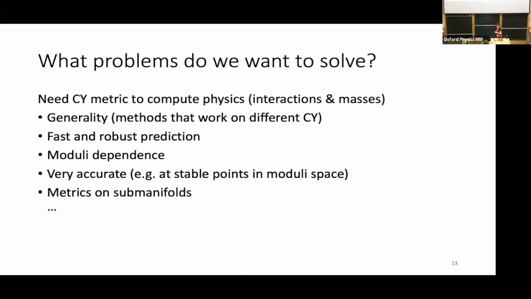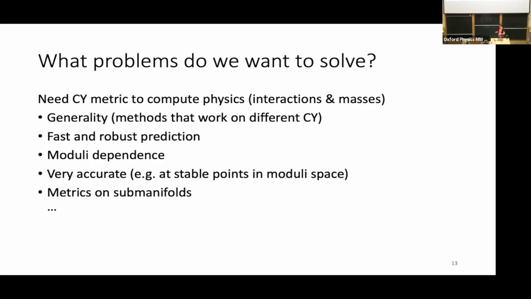So in physics, for example, as Lara was emphasizing in her lecture, if we want to compute what goes into our four-dimensional Lagrangian after a string compactification on a Calabi-Yau manifold, then we need the Calabi-Yau metric to compute certain things, and in particular, those features that we're interested in are related to interactions and masses of fields.